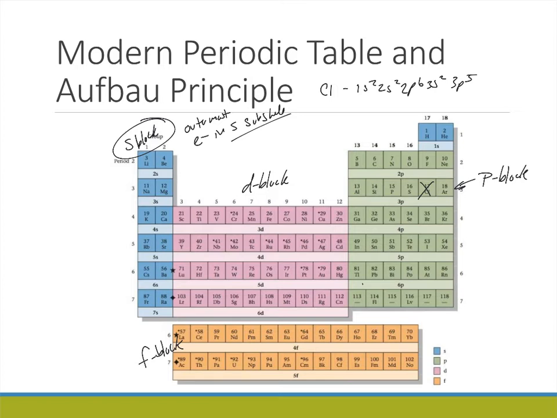Now, if I take a look at the diagram here, my period number corresponds to my n level. So n equals 1, the only things that stop at n equals 1 are hydrogen and helium. So this would be 1s1, 1s2, that's that portion there, the 1s2.